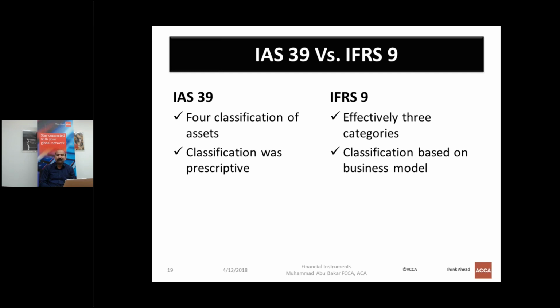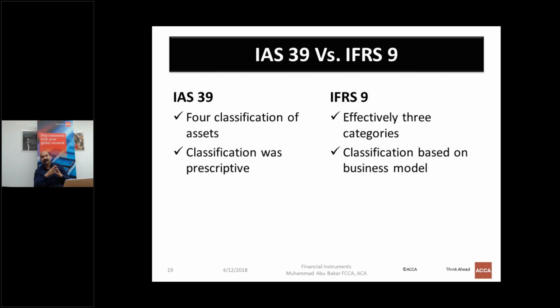So for example, where you hold asset with both the intention to collect the contractual cash flows, but you also focus on how to collect the cash flow first, but also to sell them as well. Then this will be your classification.